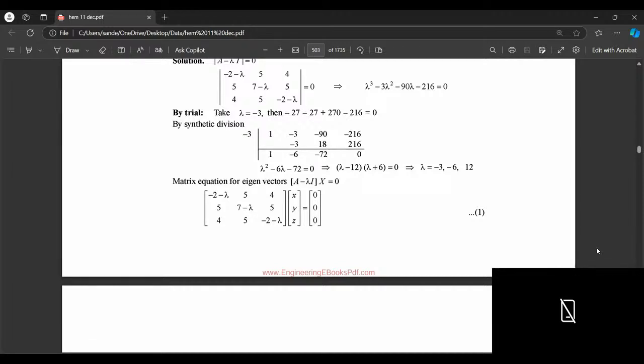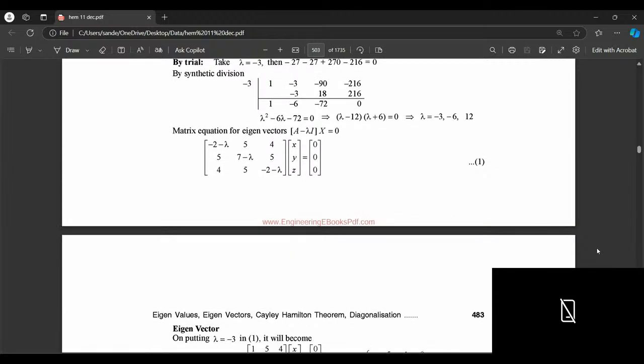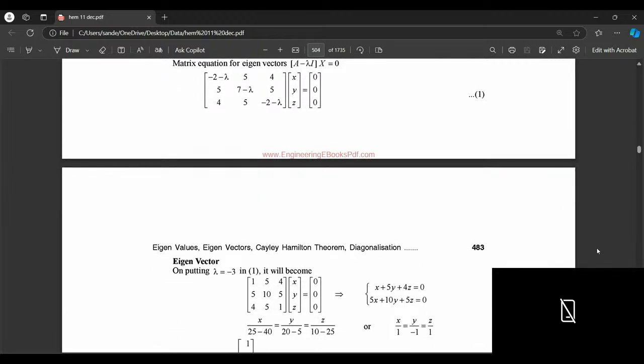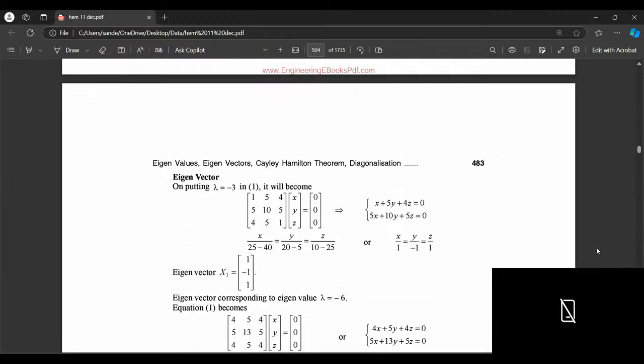So this is a system of equations. So we use three different eigenvalues. Put lambda equal to minus 3. You will get three different equations. So using Cramer's rule, you can find first eigenvector as x1 equal to 1, minus 1, 1.